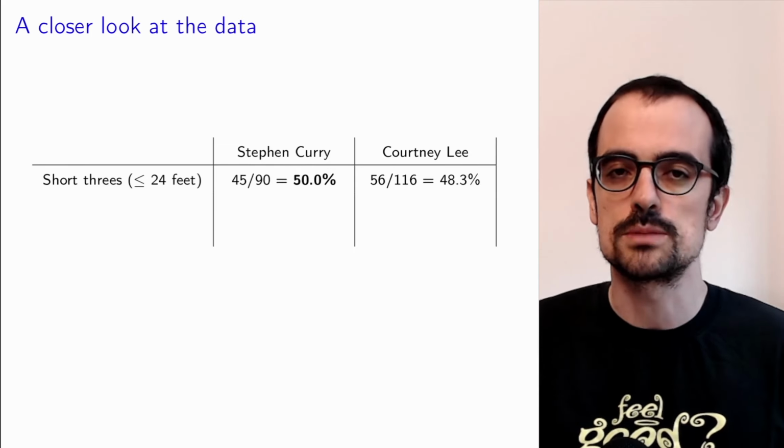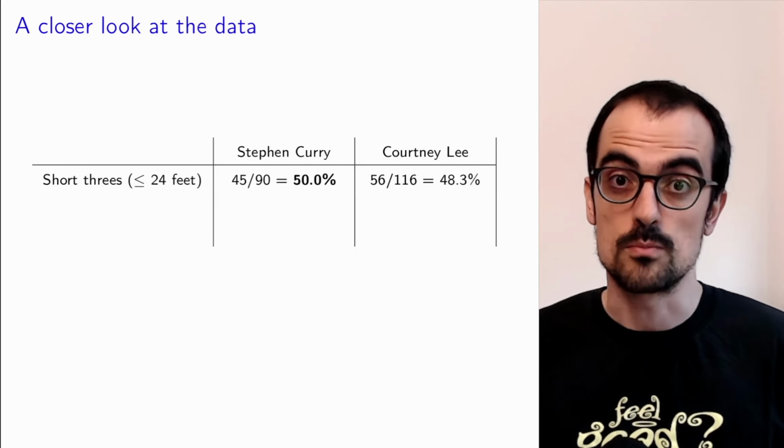So Stephen Curry shoots better from close than Courtney Lee, at least from this data. Let's see what happens for long threes, so longer than 24 feet. It turns out that Stephen Curry shoots them at almost 40%, which is really impressive. Long threes tend to be more difficult. Courtney Lee shoots them at a little bit less than 35%. So what we see is that Stephen Curry shoots better from close and better from far.